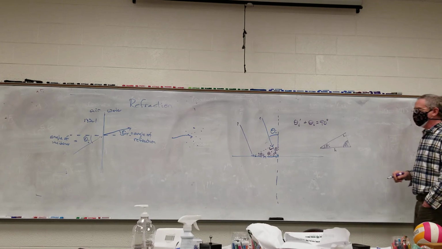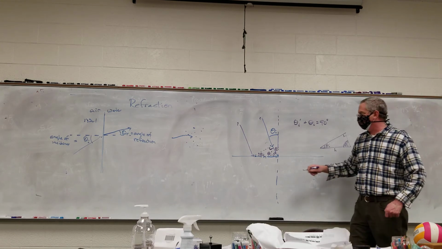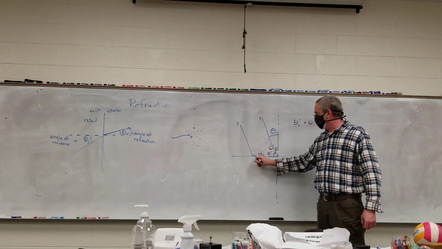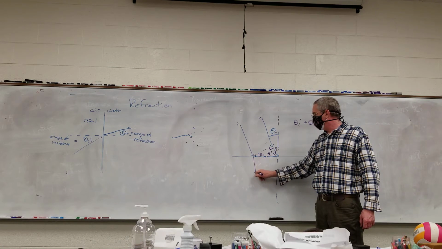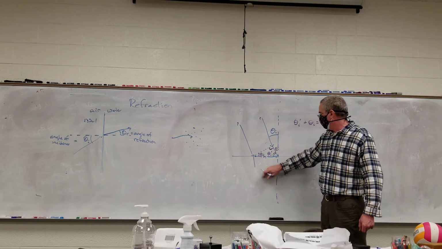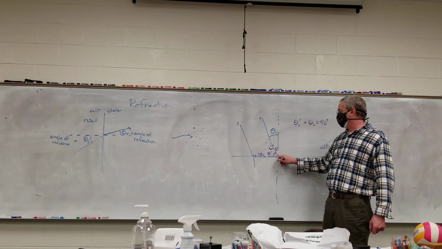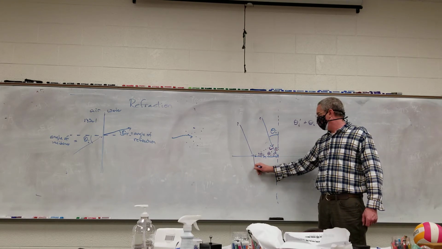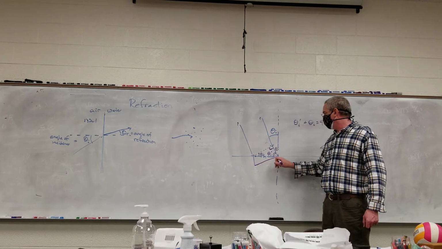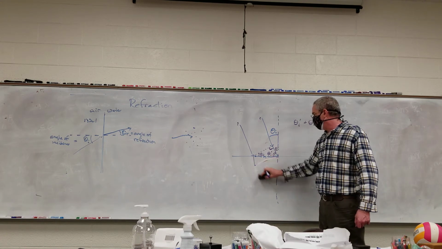So I'm making the claim that it's traveling slower in this other body of water, and that's why it bends at an angle. So by the time this light has gotten to here, this one has traveled not quite as far. I'm gonna dash that line.